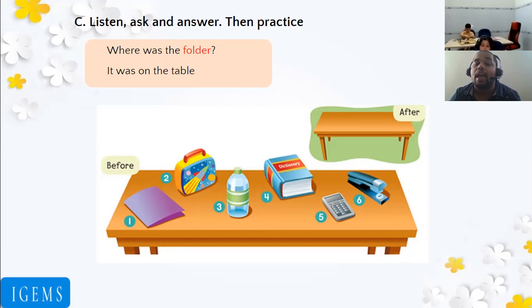Okay. So and where was the stapler? It was on the table. Okay, very good. So see this. I have something for you. You did it very well. So give me 1 second. There's something I always give to my students when they do a great job.